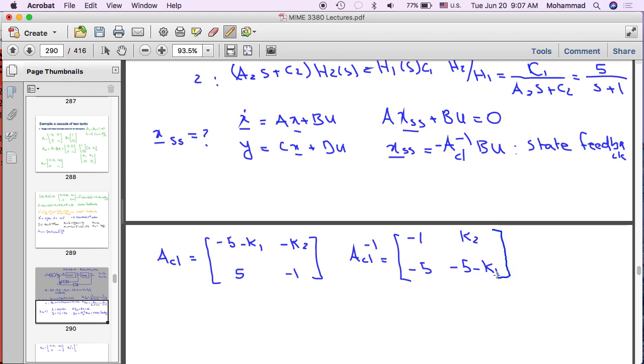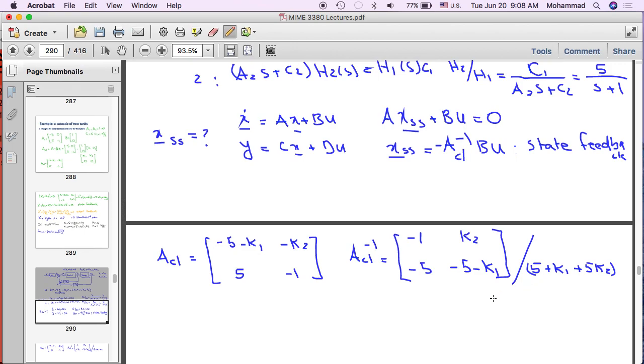And this should be divided by the determinant. The determinant is minus 1 multiplied by minus 5 minus K1, so it's 5 plus K1, minus minus 5K2, so plus 5K2. This is the determinant.